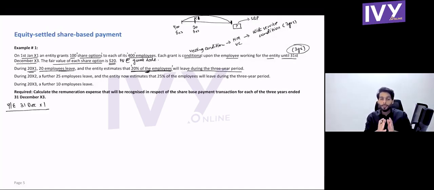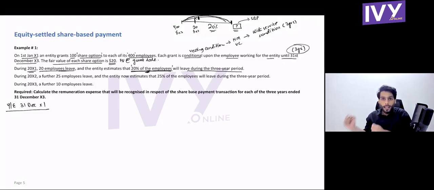So your examiner is basically telling you, okay, 20 employees have already left. And if we look at the total picture, we don't look at just year one, we look at the total picture. We believe that 20% labor turnover would be there. That means only 80% employees would be remaining by the end of the 3-year period.